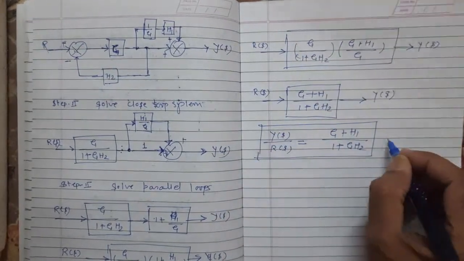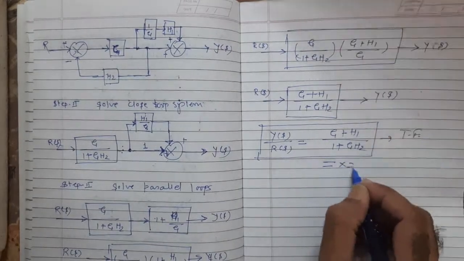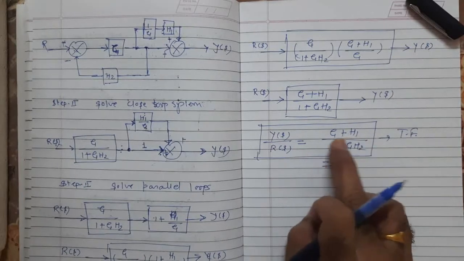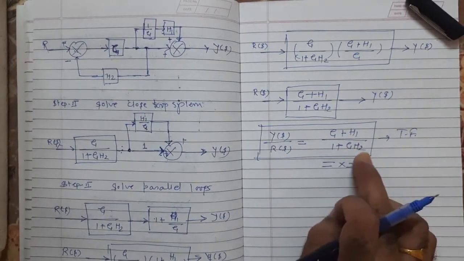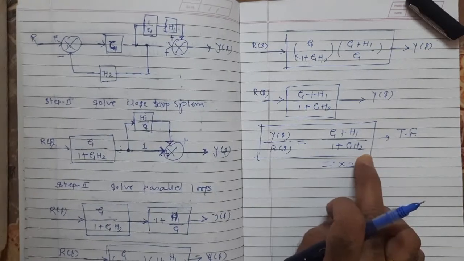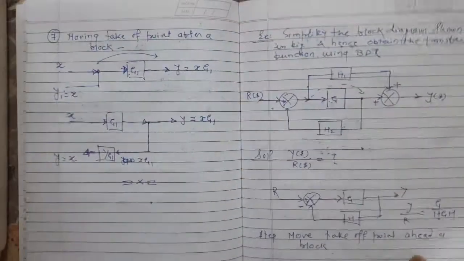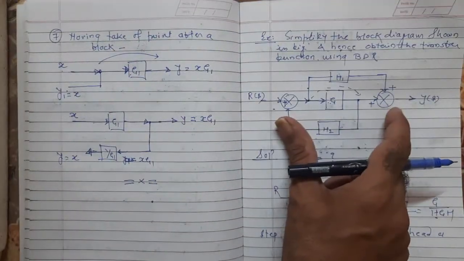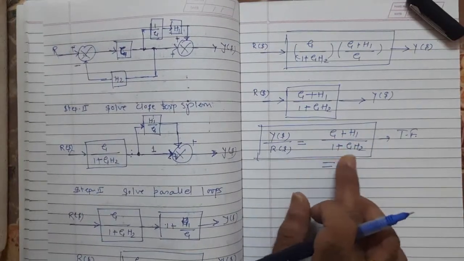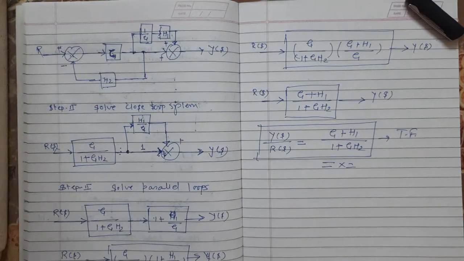This is our transfer function. Y of s divided by R of s equals G into H1 divided by 1 plus G into H2. So this is our transfer function of the system. So this way, whatever system is given here, that system's transfer function becomes G into H1 divided by 1 plus G into H2 by using this block diagram reduction technique.